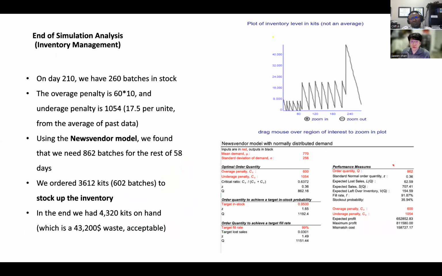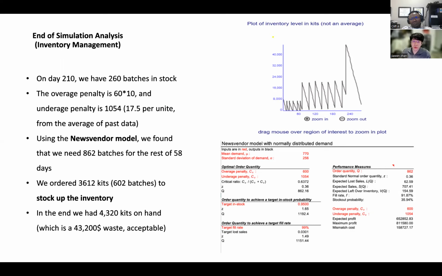Before the simulation ends, we have our last decision to make, which is to stock up the inventory. Here, we use the newsvendor model to calculate the amount we need. We calculate the underage penalty by using our past revenue data, and the overage penalty is $10 per kit. We put that into the model.